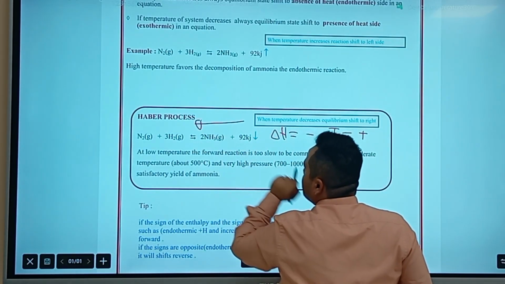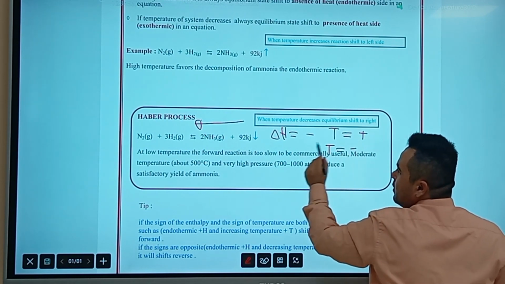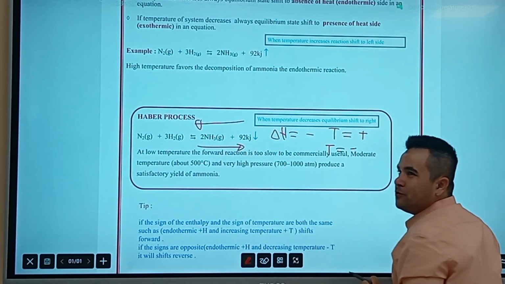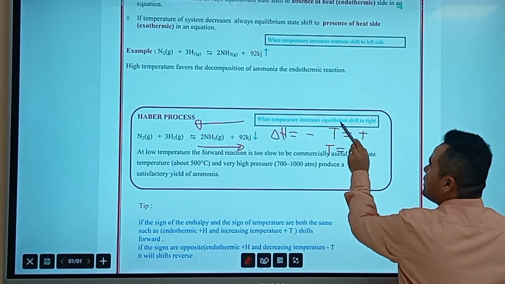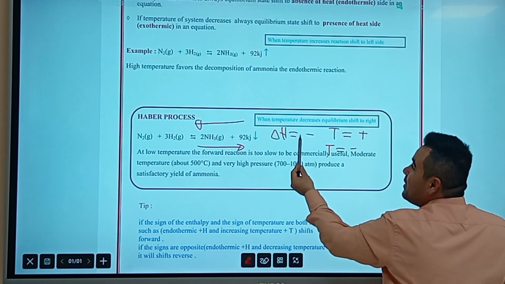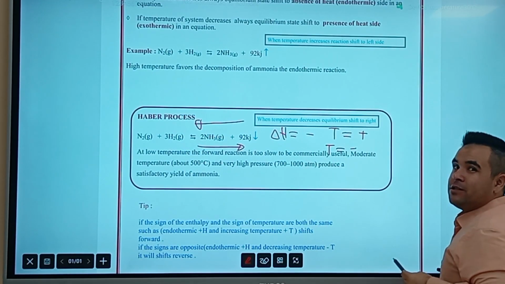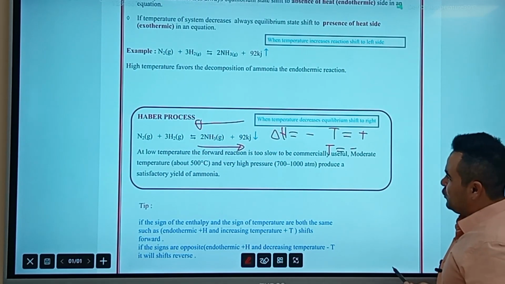The reverse direction. Decrease in temperature, which is negative, favors the forward direction. When temperature decreases, equilibrium shifts to the right. Why? Because the signs are equal, so the shift is toward the forward direction.